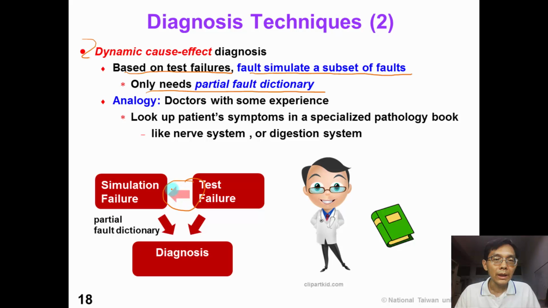We feed the test failure to the simulator, so we only fault simulate a small subset of faults to generate a partial fault dictionary. In analogy, this diagnosis technique is like a doctor with some experience. So he looks up the patient's symptoms in a specialized pathology book. For example, if you had a headache, then he will look up the book on the neural system, not the digestion system.